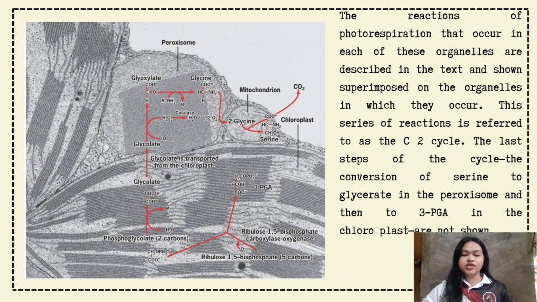The reactions of photorespiration that occur in each of these organelles are described in the text and shown superimposed on the organelles in which they occur. This series of reactions is referred to as the C2 cycle. The last steps of the cycle, the conversions of serine to glycerate in the peroxisome and then to 3-PGA in the chloroplast, are not shown.